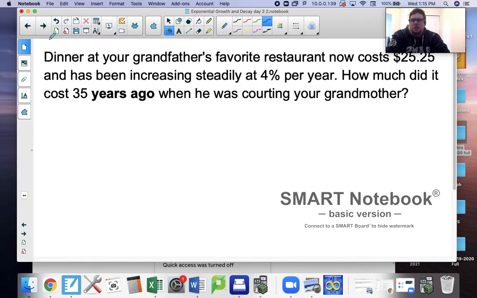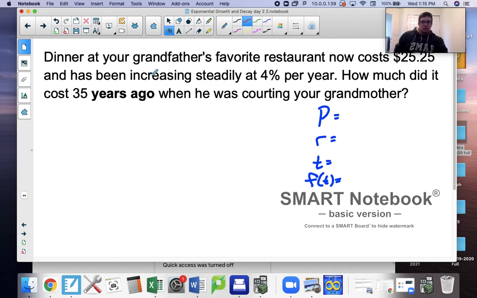So let's say we actually have to figure out something other than f of t. Percentages, unfortunately, don't work perfectly forward and backward. So we can't set up the problem where 35 is now the principal and we use the 4%.